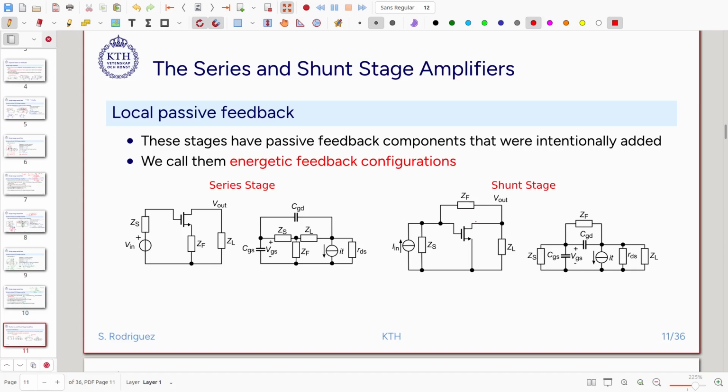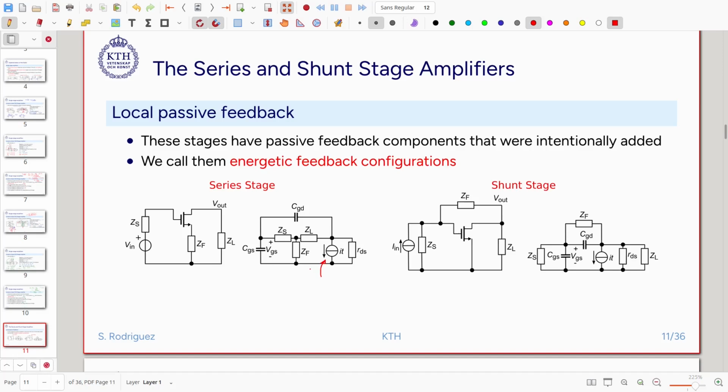So we are going to analyze these stages, and we will start with the series stage. We take the series stage here and replace it with the small signal model. We replace the transconductance with a test current.